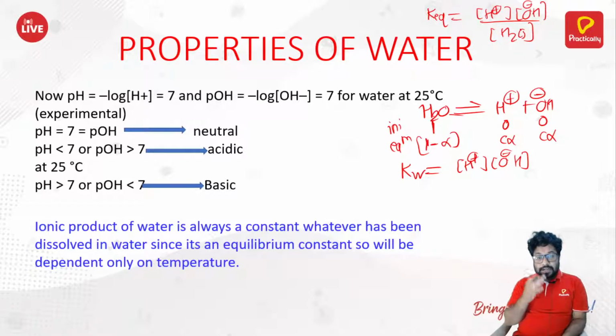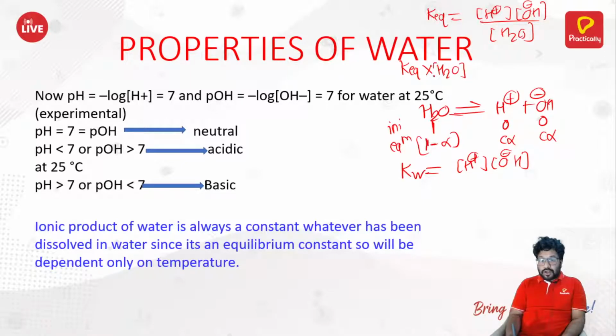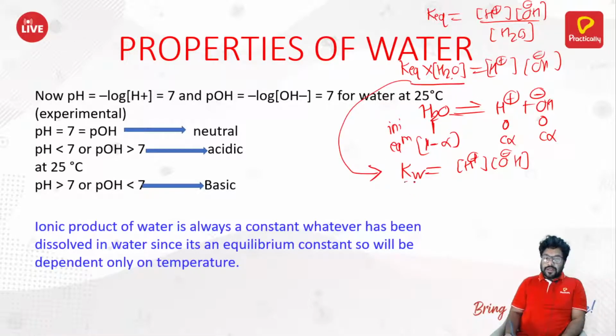That means a very large part of water still remains undissociated, so you send that to the left hand side. K equilibrium into concentration of H2O is equal to concentration of H plus times concentration of OH minus. This is equal to your Kw. So that is how Kw is equal to H plus and OH minus.